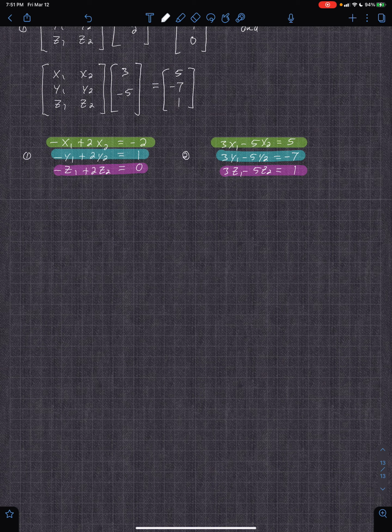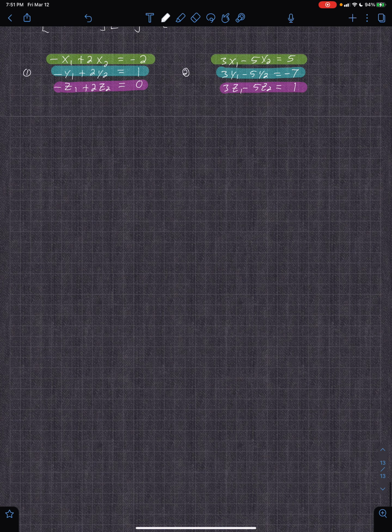And so what you get then is negative x1 plus 2x2 equal to negative 2. 3x1 minus 5x2 is equal to 5. And you are literally just solving that system. And you do that for each case.